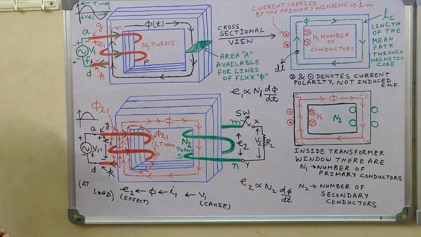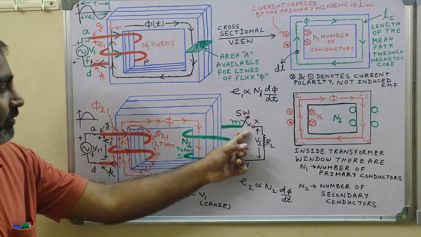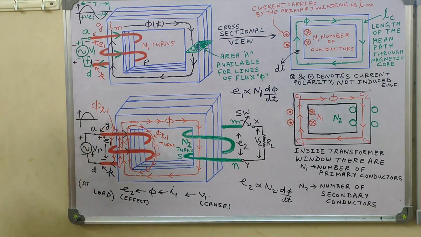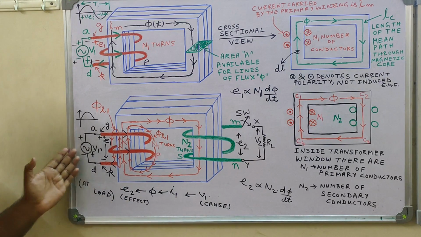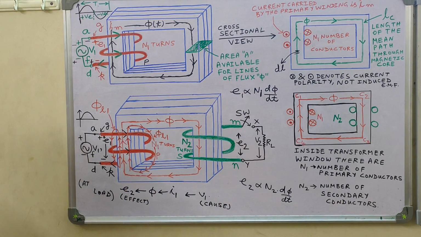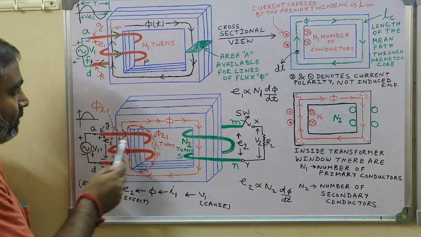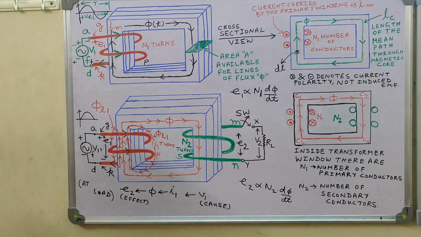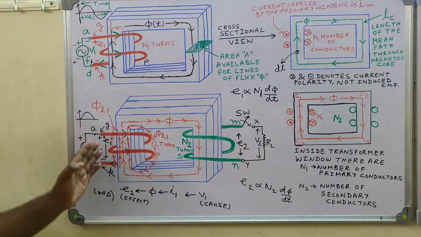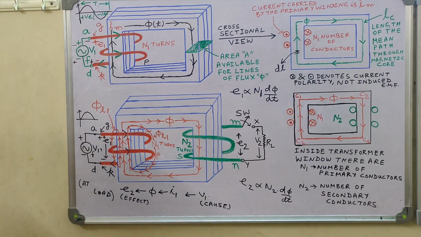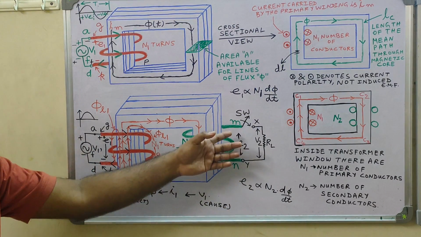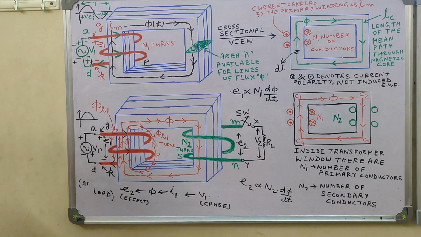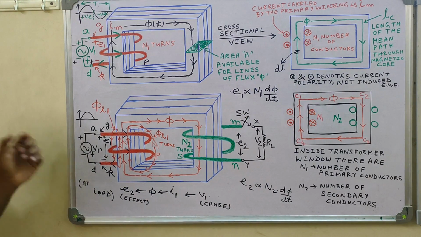Now you see, this induced EMF polarity in the secondary coil can in no way oppose the applied voltage directly, because of the simple reason that the secondary coil and primary coil are electrically isolated. So the induced EMF polarity in the secondary coil cannot directly oppose the applied voltage V1.